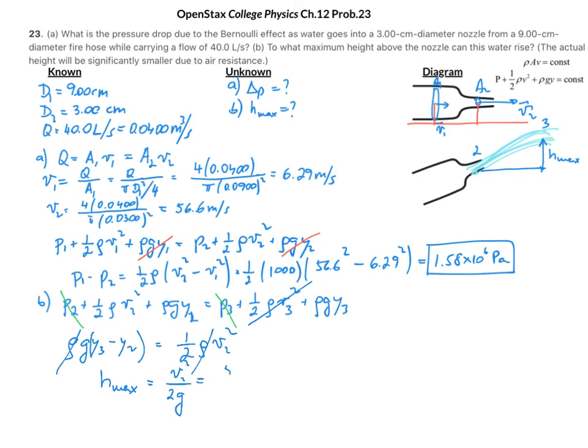That was 56.6 meters per second squared divided by 2 times 9.8 meters per second squared. Plugging in the numbers, we get 163.4 meters. That's pretty high, but as they say, the actual height is not as high as what we're getting here.